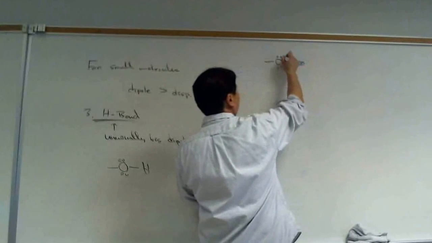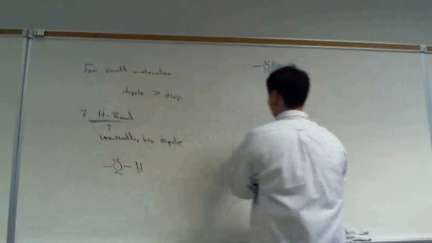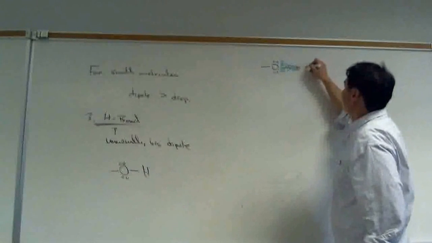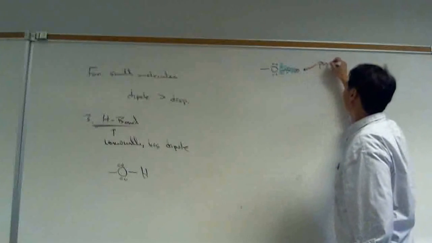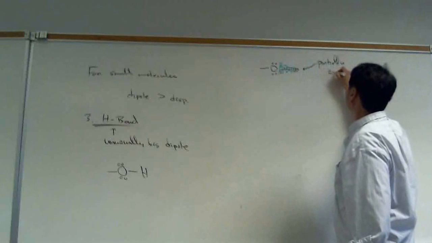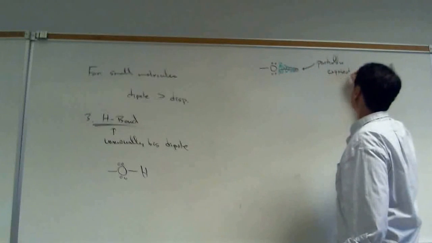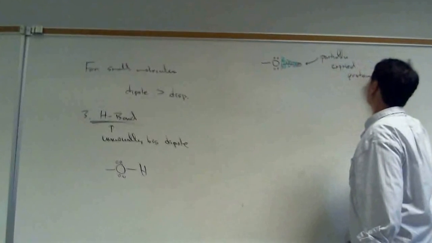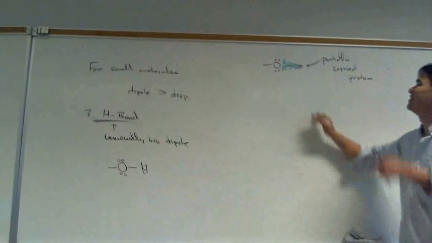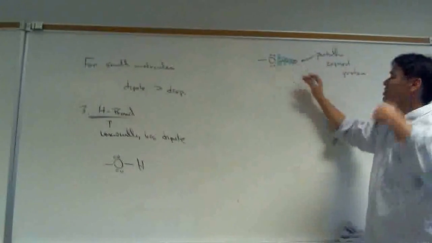If the electron cloud gets polarized like this, then we have a partially exposed proton, because the electron cloud isn't shielding it.